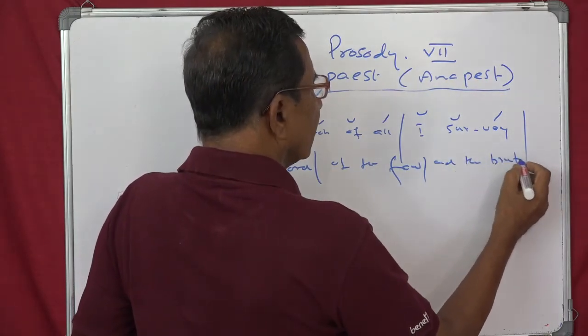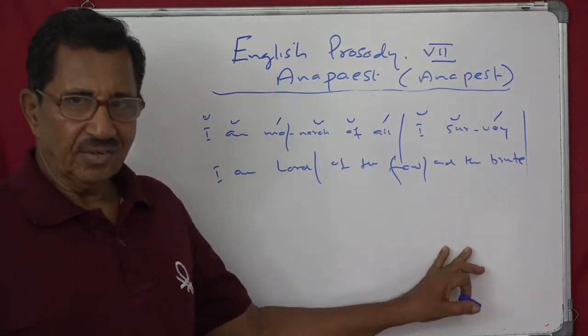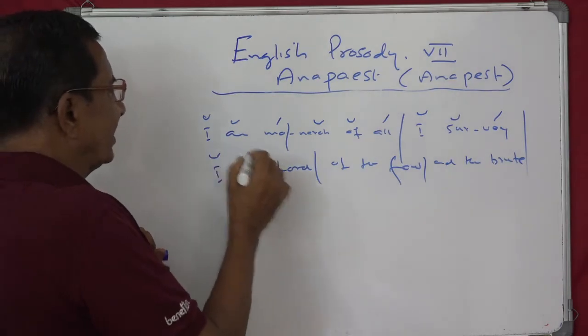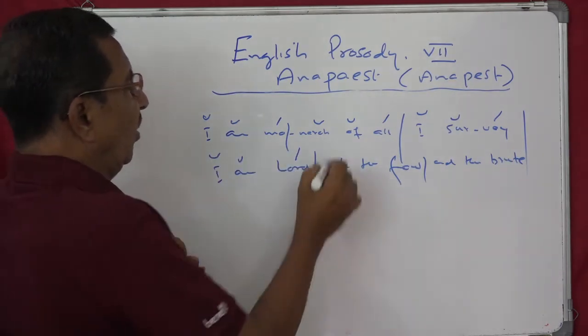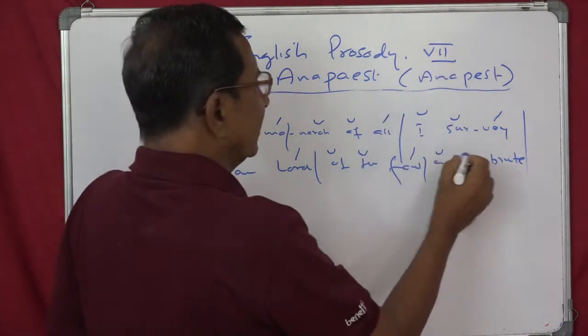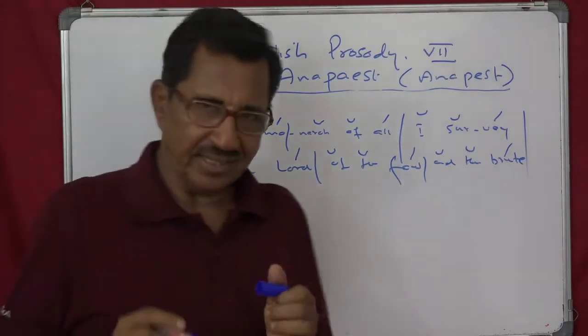This is a classic Anapaest line. No doubt about anything. You know, I am unstressed, Lord stress, of unstressed, fowl stress, and unstressed, brute stress. So this is the pattern.